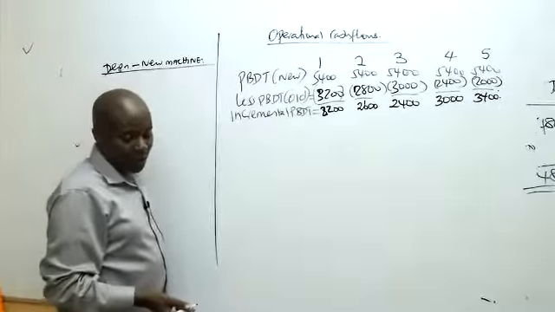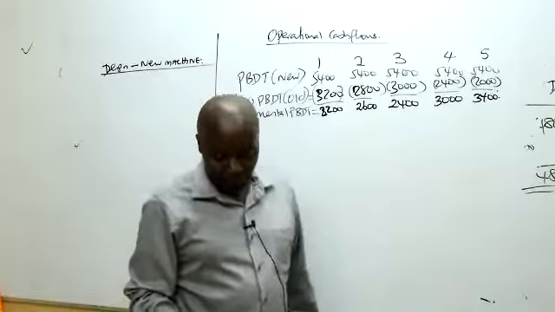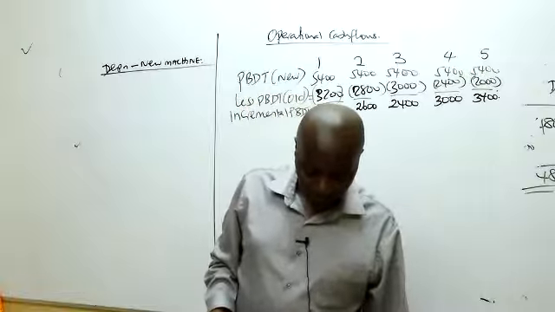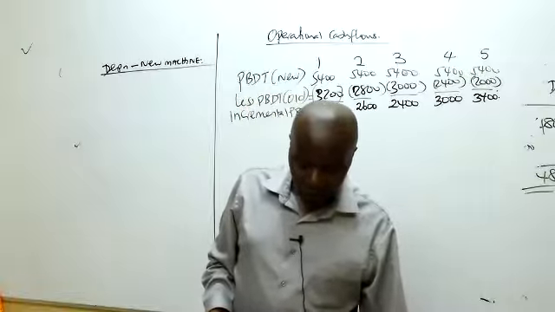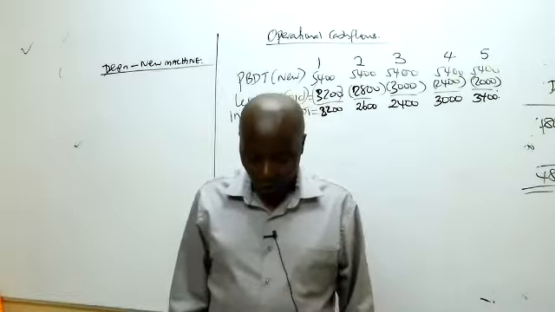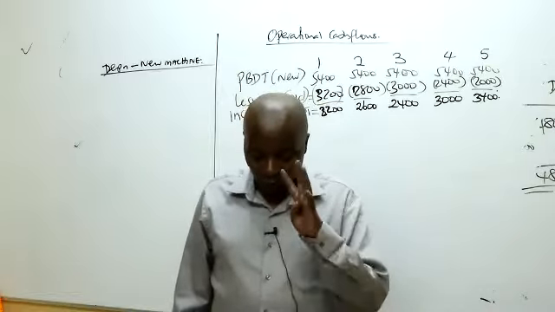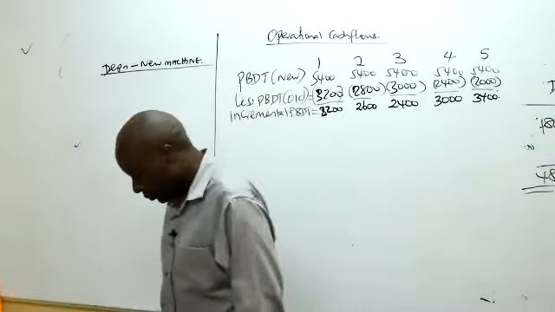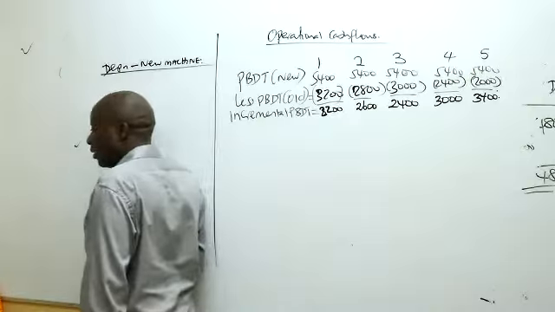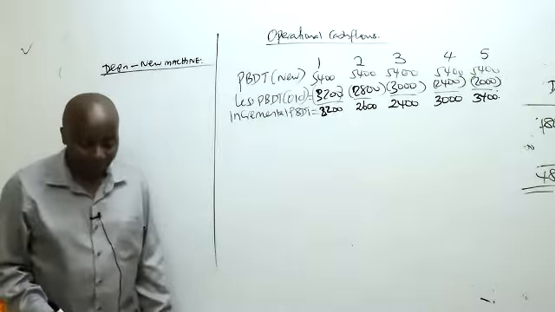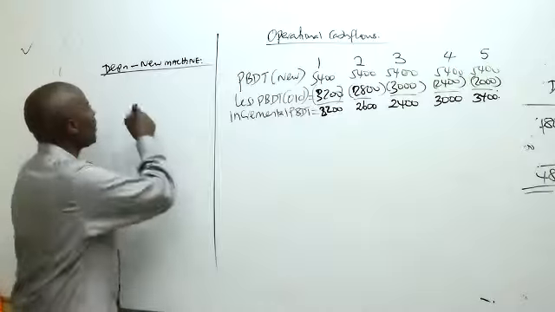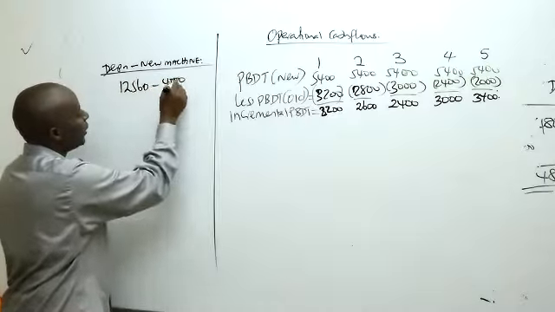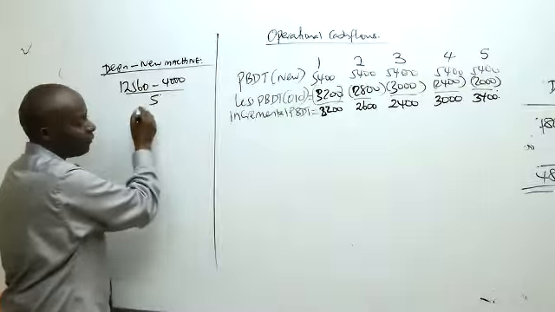So the new machine, from this particular paragraph, they told us that the cost is 12,560 with a salvage value of 4,000, and then useful life is 5 years. So we have 12,560 minus 4,000 divided by 5 years.